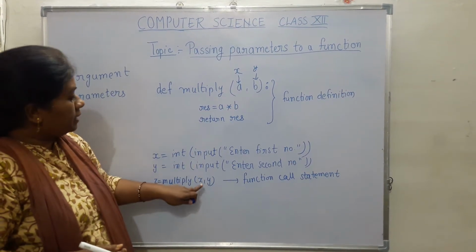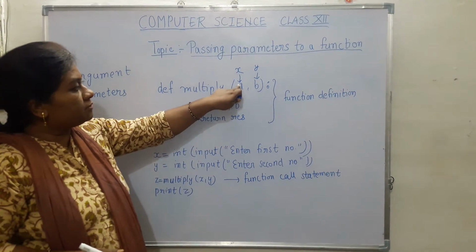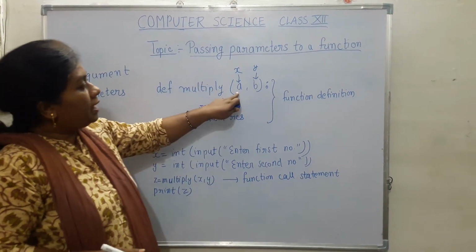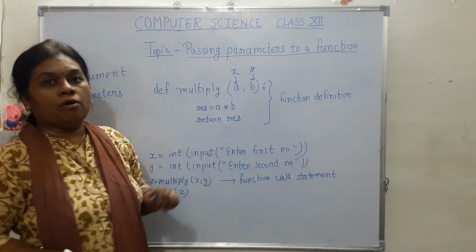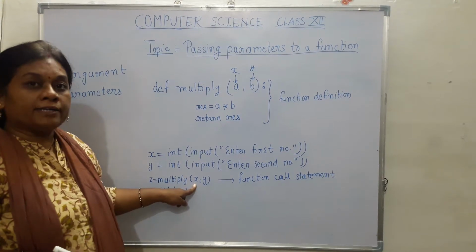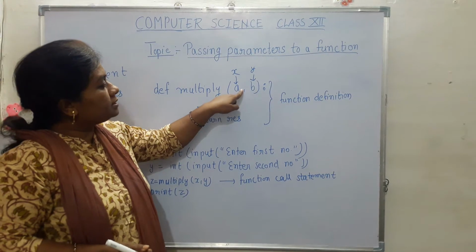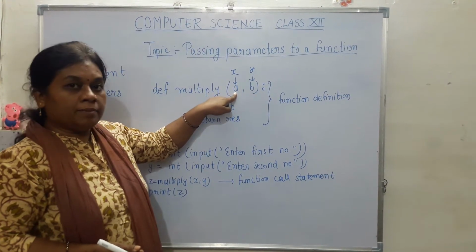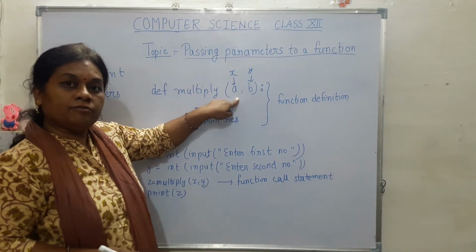So here x and y are the variables sent to this function, and a and b are the variables that are receiving the values of x and y. So we can say that these are the actual values that are passed to the function, and these are the receiving variables which accept the passed values.